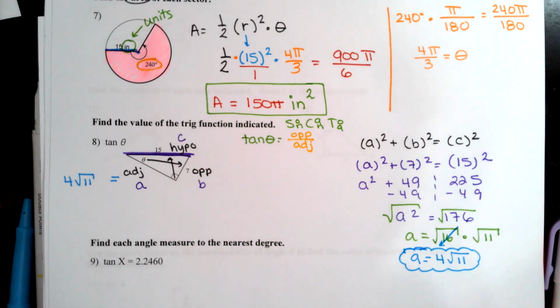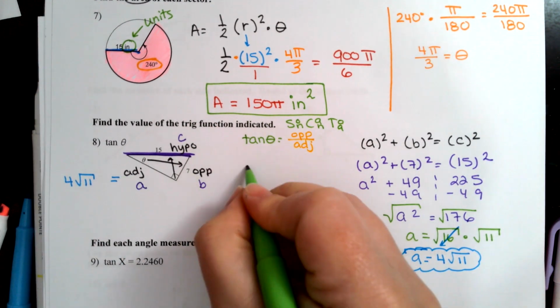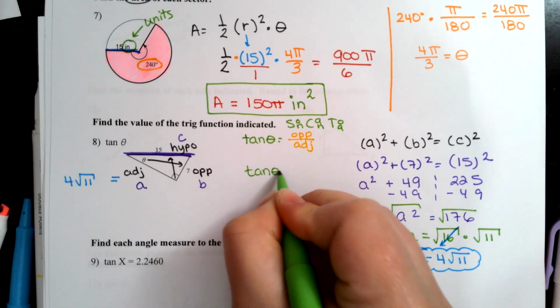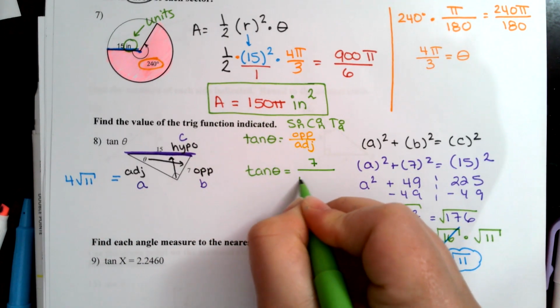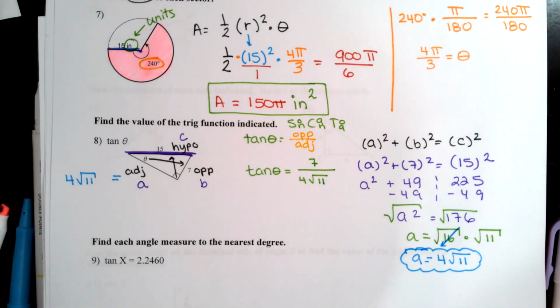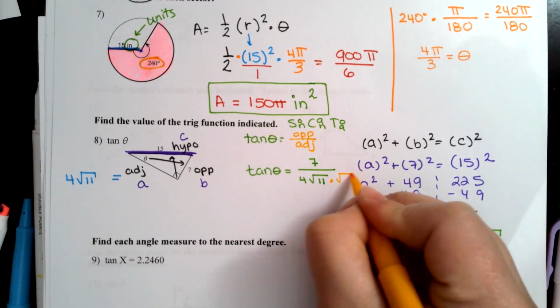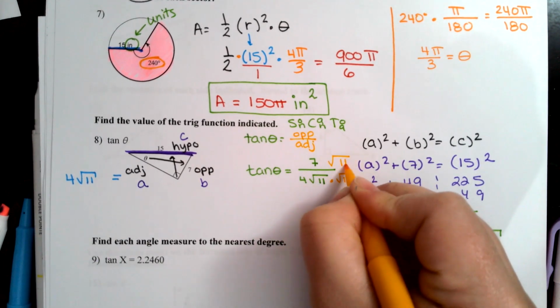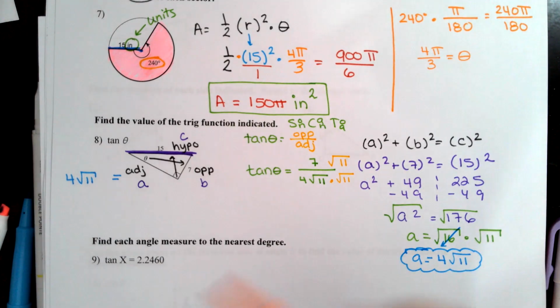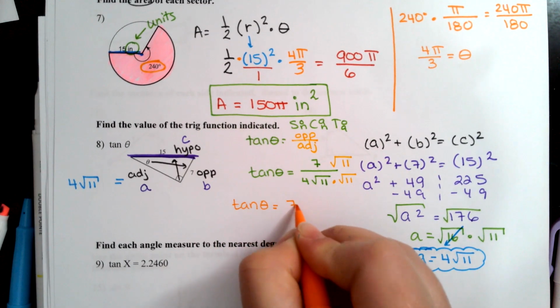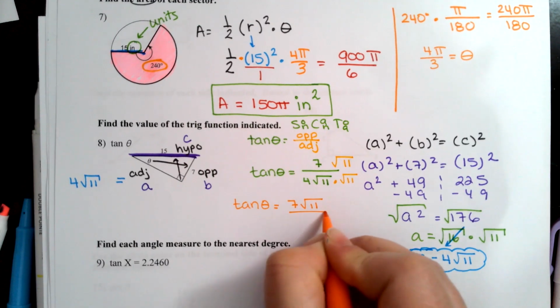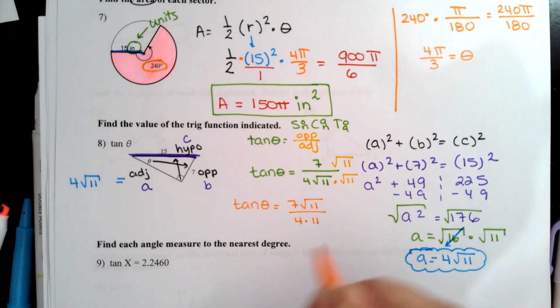So then tangent of theta: opposite was 7, adjacent is 4 root 11, which means that we need to rationalize. I'm going to multiply top and bottom by the square root of 11. Tangent of theta is equal to 7 root 11 over 4 times 11, which is 44.